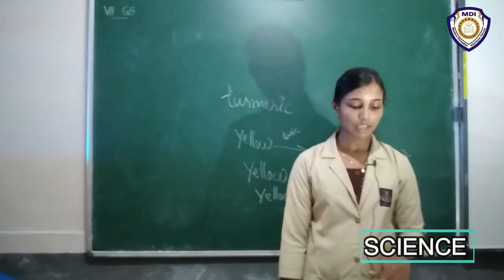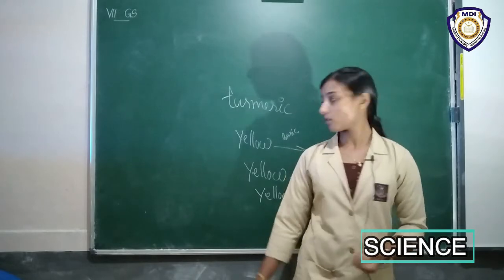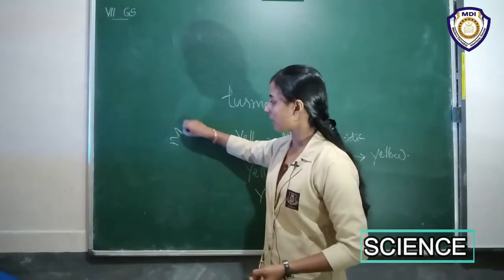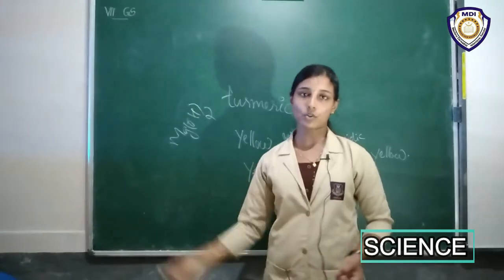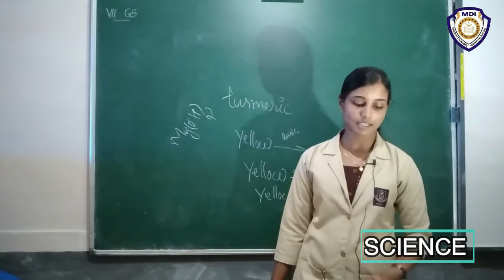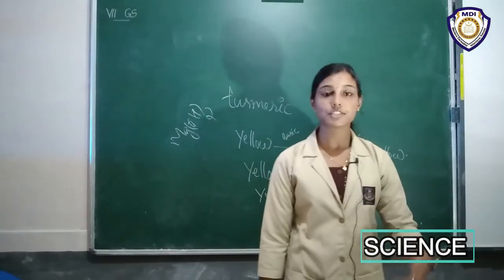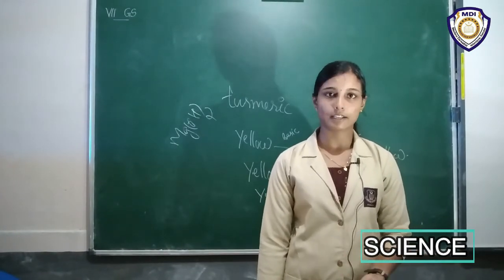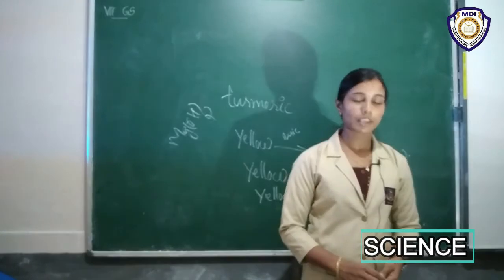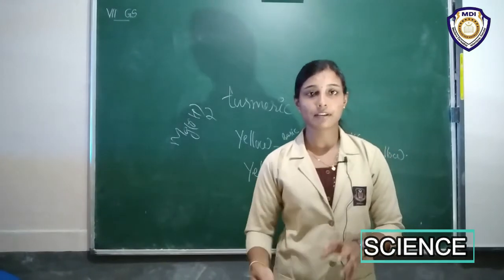Okay, and milk of magnesia, you know what is milk of magnesia? I have already said milk of magnesia is a solution of magnesium hydroxide, so that is basic in nature. So there will be a change in color of this yellow strip; it will turn to red. Baking soda also makes some difference in the color.